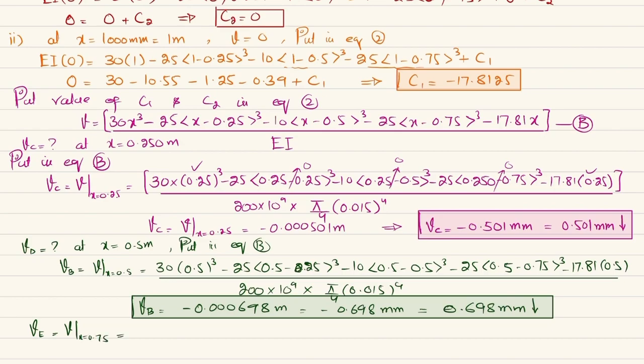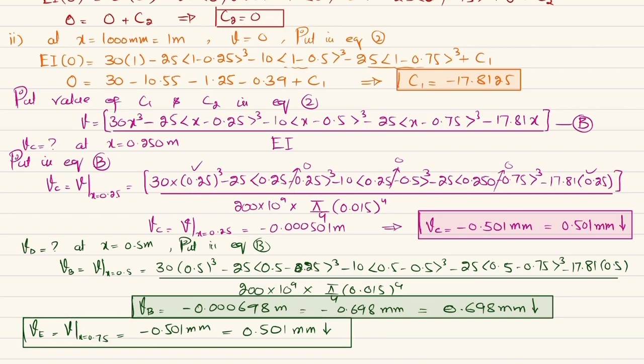You can just put the value, this is your assignment, and divide by EI, and you can calculate V, that will be minus 0.501 millimeter, that is downward. So negative sign means that deflection is downward. You can easily solve this last part, just put the value, and I hope that you will solve it.